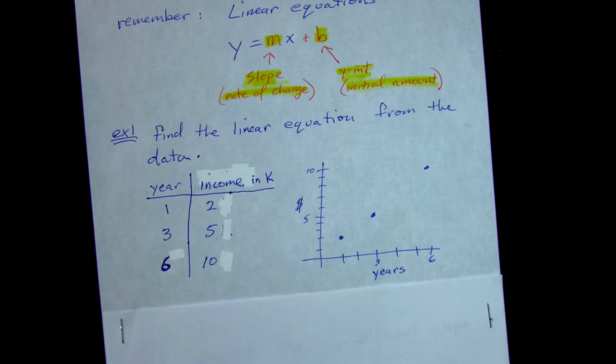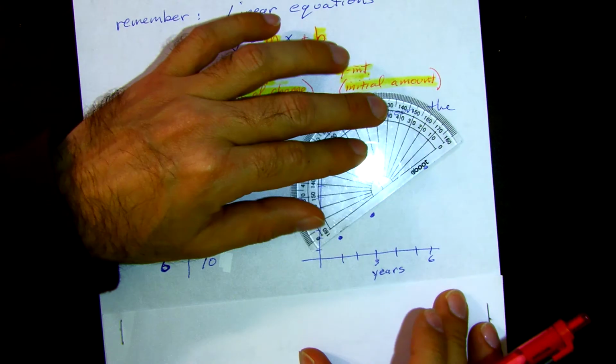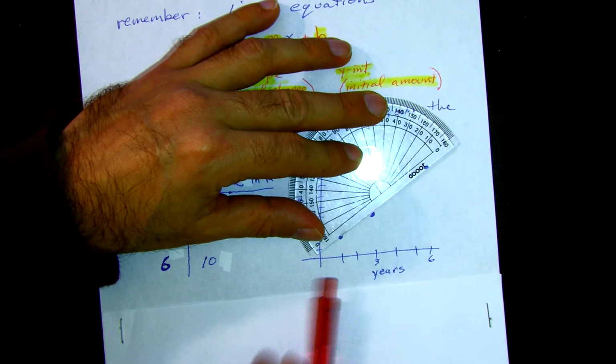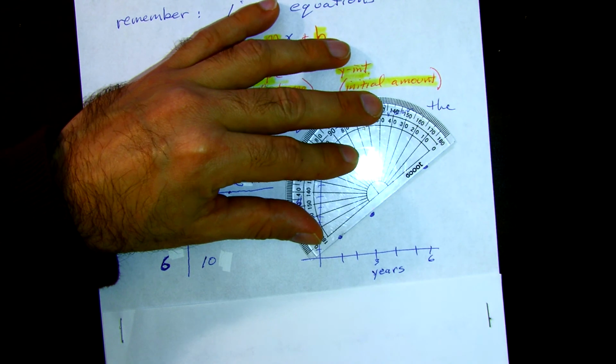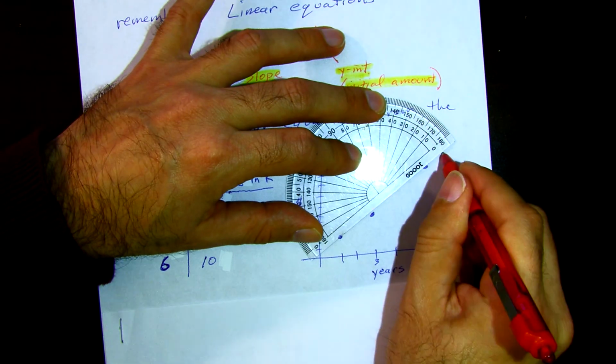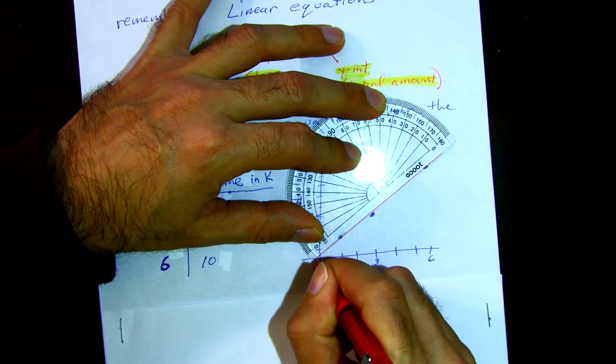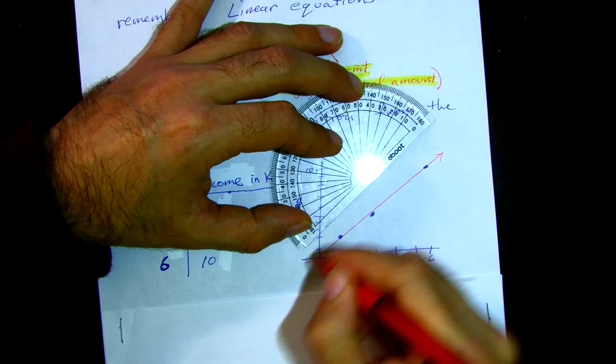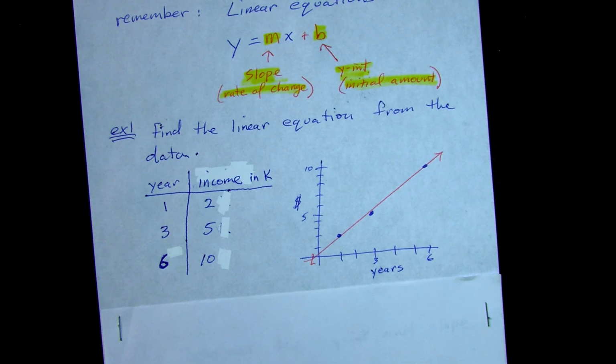Okay. So look, now that I've plotted it, I'm pretty stoked. I'm happy about that. And I'm going to go ahead and make a line that goes through this as well as I can make it. Okay. It's not going to be perfect. But do you see that that's a pretty good best fit line?